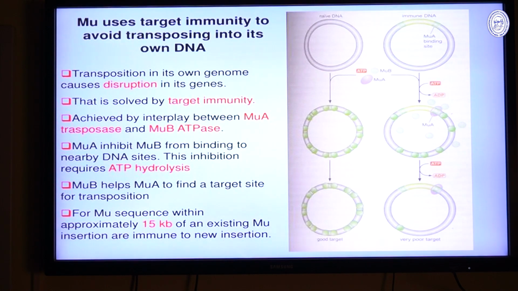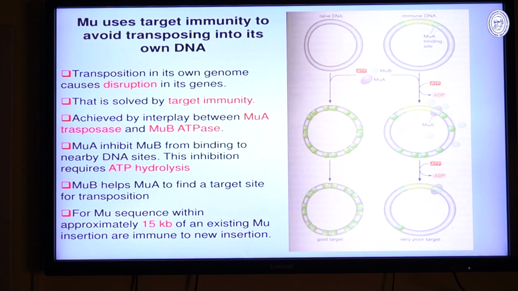If it happened this way, it would go out of control. So that has to be regulated. How many copies of a transposon are produced, or how many times it is going to get transposed, is also regulated. Mu is one of the examples.